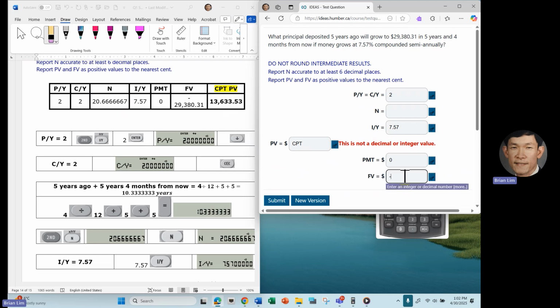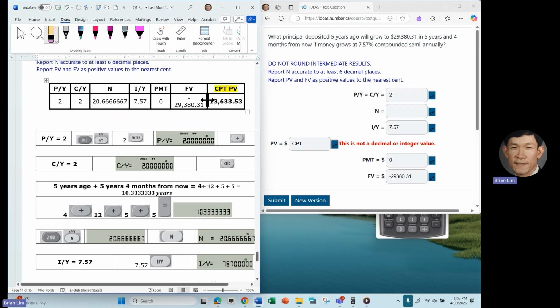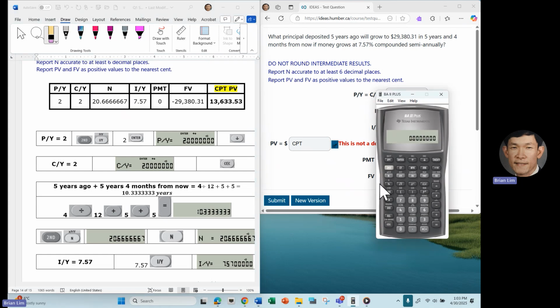Now we can put it in as negative if we wish to come out with a positive present value. I know the negative is sitting up there a little bit off, so we can put it down and get it to sit in line with the numerical value. All right, so with that, let us go to the calculator and do our calculations.